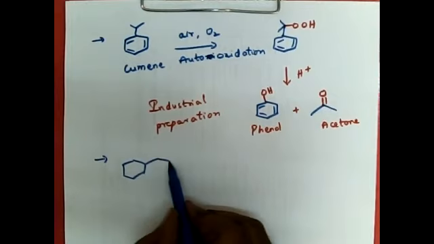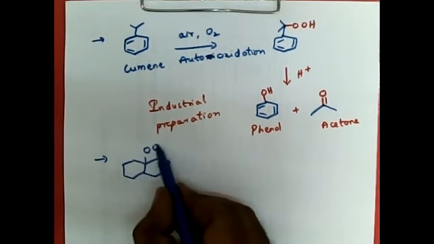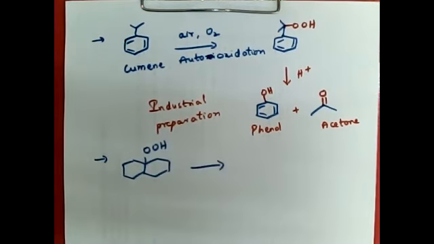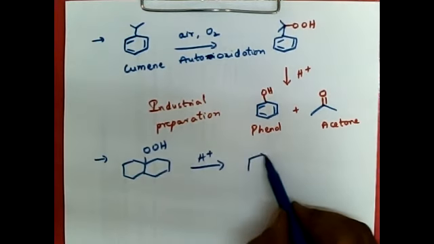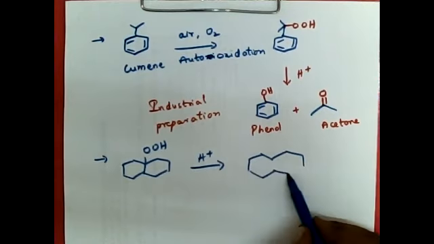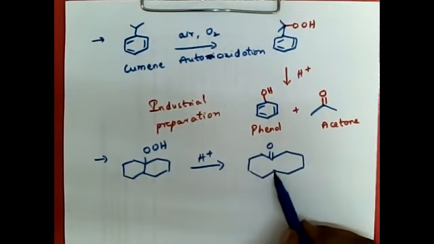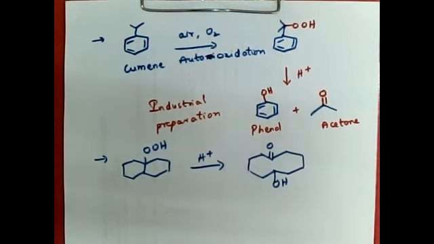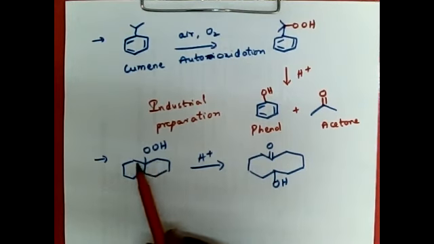Next example. When this hydroperoxide is treated under acidic conditions, what we are getting is ketone here, alcohol here. So that means the migrating group is this one. The second, this tertiary center is migrating compared to these two primary centers.